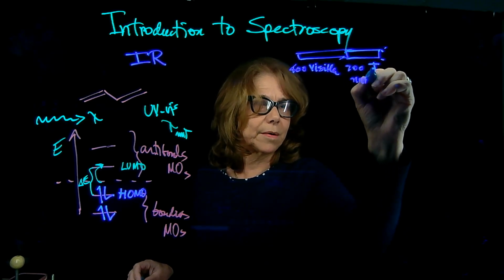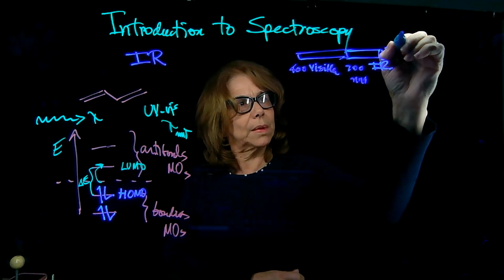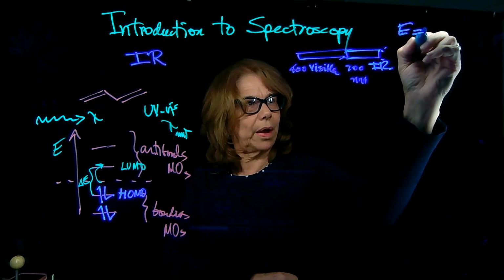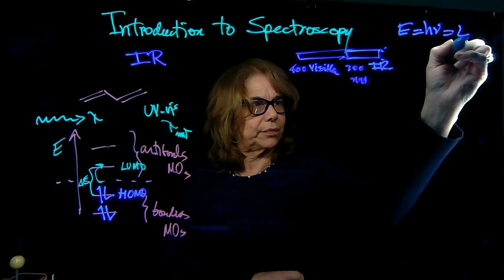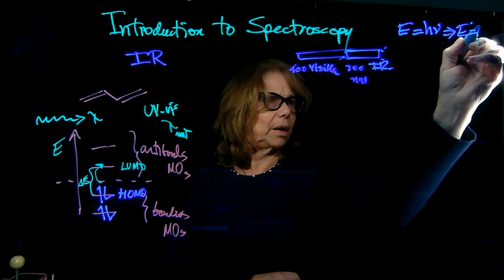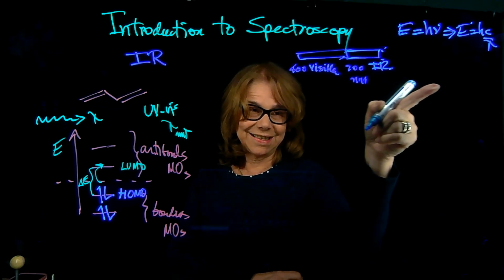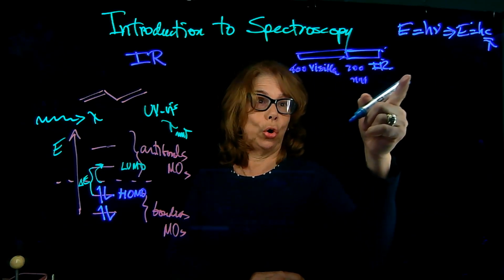This is IR. And the longer the wavelength, the less energy you have. So this is your Planck equation, E equals hc over lambda. Going to this side is less energy, so longer wavelength.